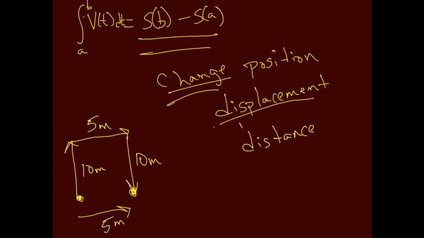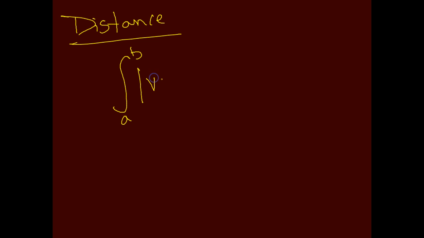So we know that displacement, this is displacement right here. We can find displacement just by integrating a velocity function with respect to time and evaluating at our starting point and ending point. Now, to find the distance traveled, and this is an important part, the distance can be found by integrating the velocity function, once again from A to B, but we want to integrate the absolute value of the velocity function with respect to time.